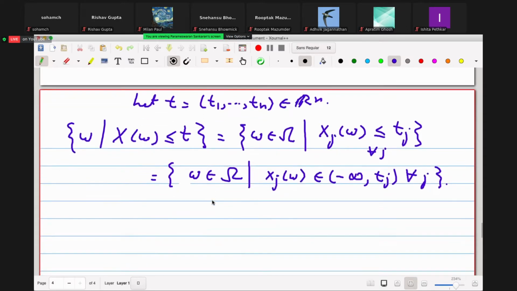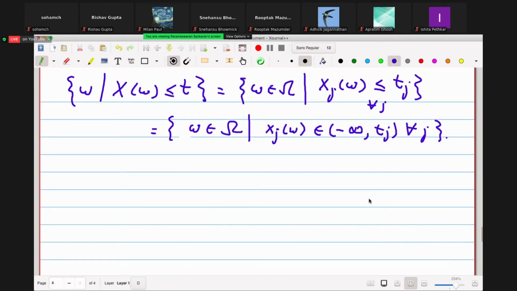In that same example, just the plane, I take maybe this. Here I should include t_j. Better make that very clear, because here t_j is included, so I put a bracket like that. Suppose I choose (1, 2).